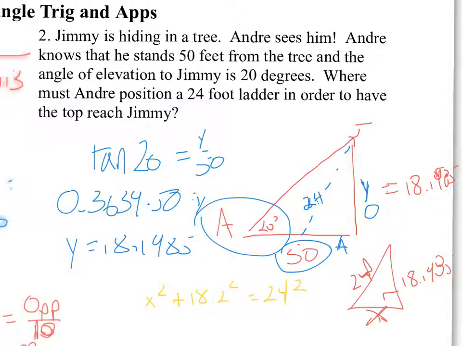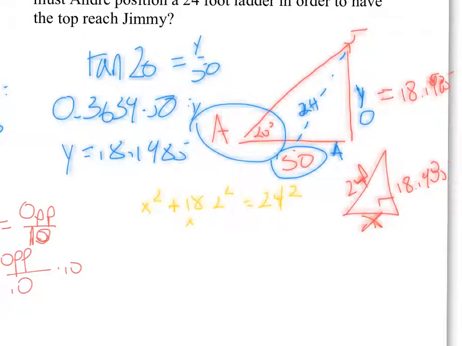18.2 squared is going to be 331.24. If I do 24 squared minus that value, we end up with x squared is equal to 244.76.